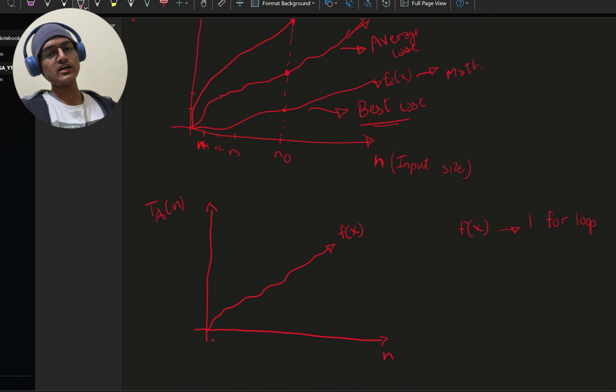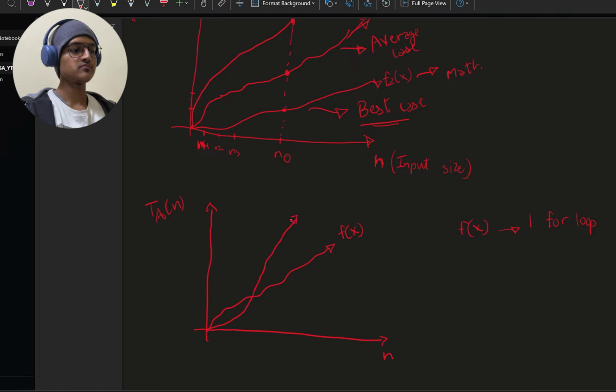Now I know a certain mathematical function named gx, which can be plotted on the graph like this. Let's call it g0x. I also know a mathematical function that can be plotted on a graph like this. I'll call it g1 of x.